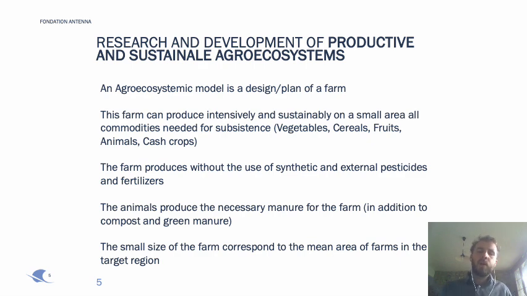And on this small area, the farm can produce everything that you need, which means vegetables, cereals, fruits, animals, and cash crops. According to this design, the farm works without the use of synthetic and external pesticides and fertilizers, which means the animals produce the necessary manure, together with composting and green manuring.